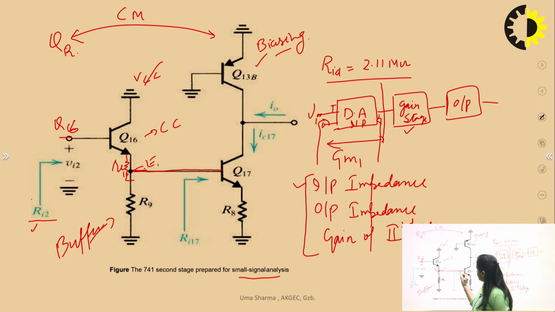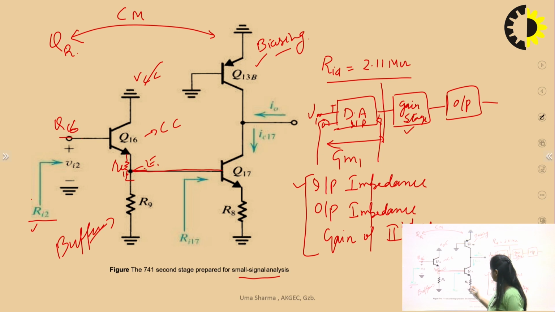So the base resistance of this Q17, we want to calculate this emitter impedance of Q16. So first let's calculate the base resistance of this Q17. So again here we can apply resistance reflection rule if we know the value of emitter resistance of Q17.